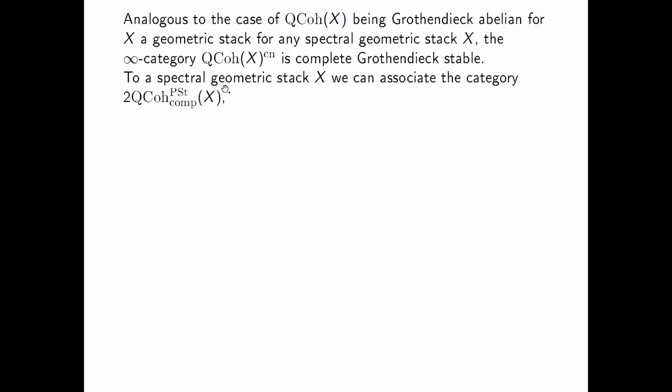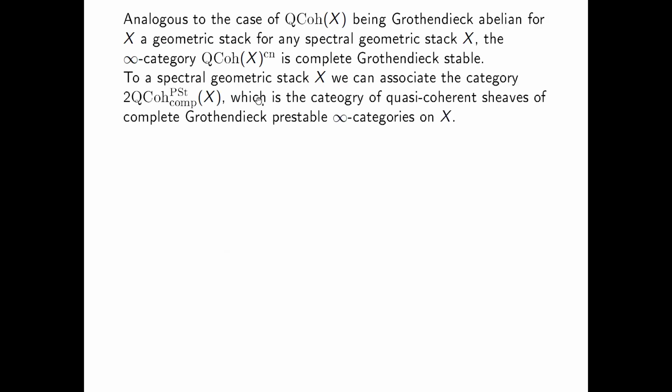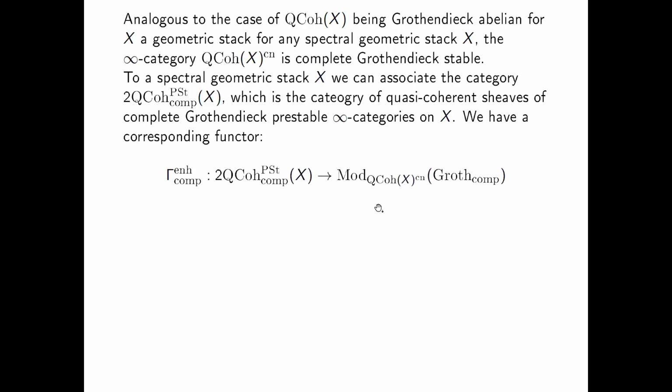So now what Stefanich does is to any spectral geometric stack X associate this category QStComp of X, quite a mouthful, which is basically the category of quasi-coherent sheaves of complete Grothendieck prestable infinity categories. As I said, there's a need to replace this because we are working in the presentable stable setting. So we have a corresponding functor.